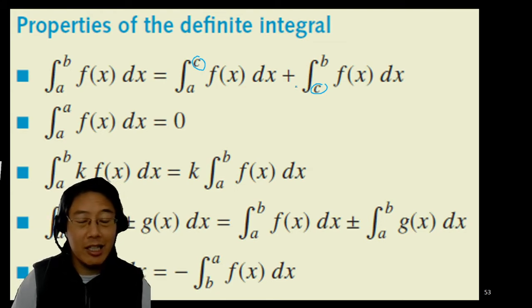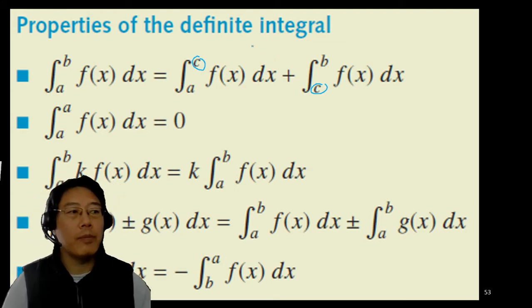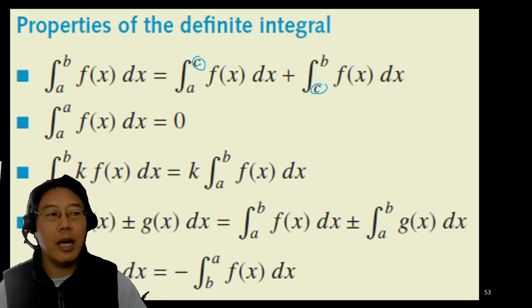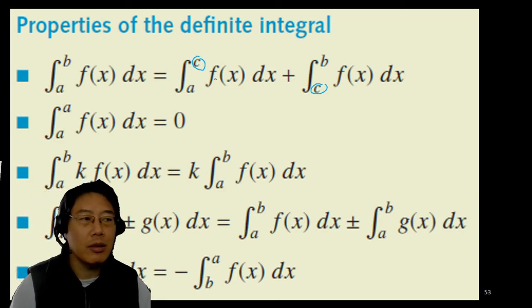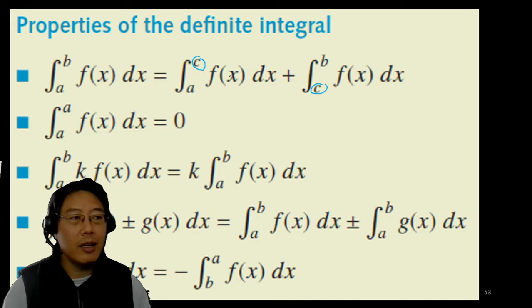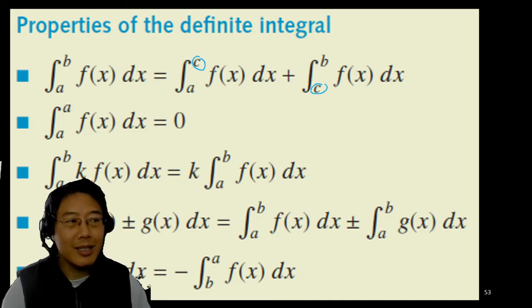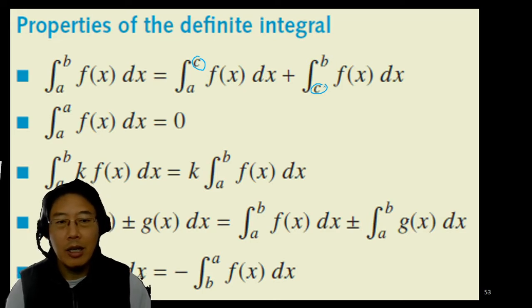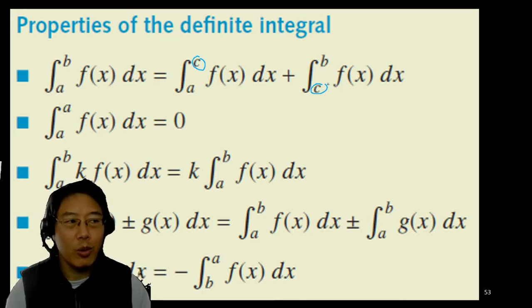It can be negative as well. So c can be anything out of that interval, as long as when you break it, you separate it. As long as that function f is continuous between that interval and that one, it's still applicable. With the definite integral, if the start and the end are the same, it is equal to 0.